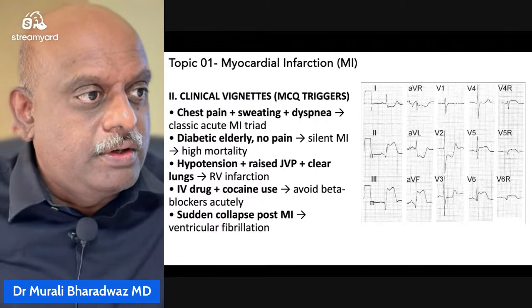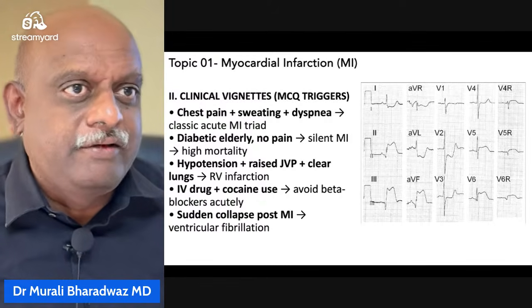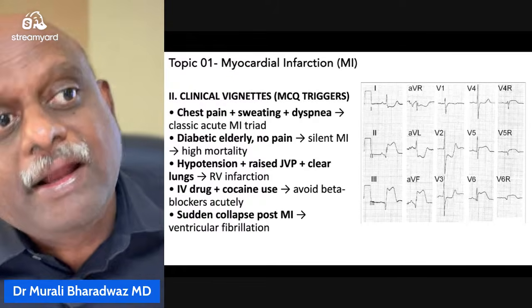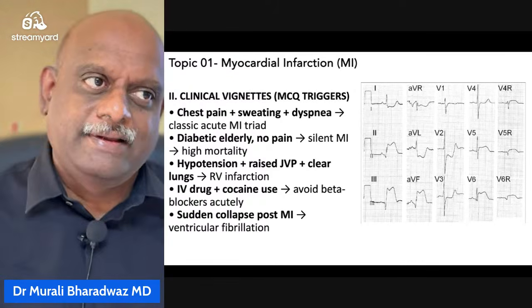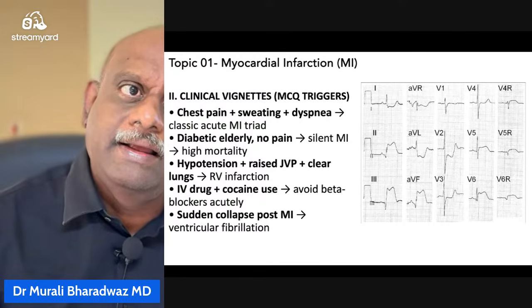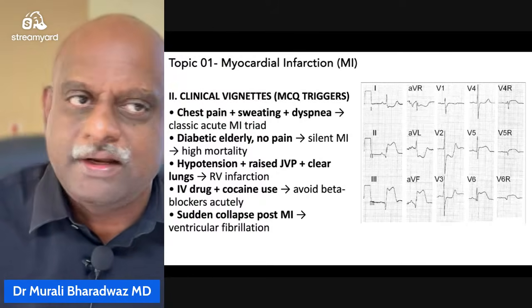Lungs flooded with pulmonary edema with shortness of breath is the presentation of left ventricular infarction. So you need to know the difference between LV infarction and RV infarction. Are we clear? We are not?